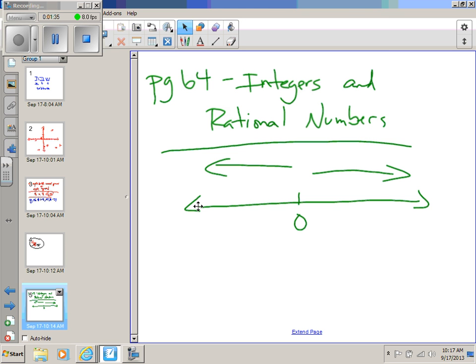Now, rational numbers are something that you may be just a little bit less familiar with, and there are certain rules that go along with what makes something a rational number. Integers belong to the set of rational numbers. A rational number is a number a over b, where a and b are integers and b is not 0.